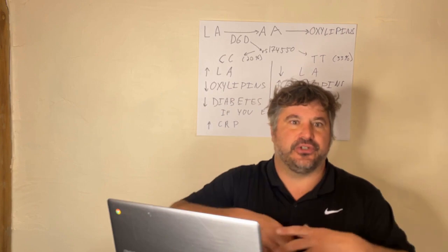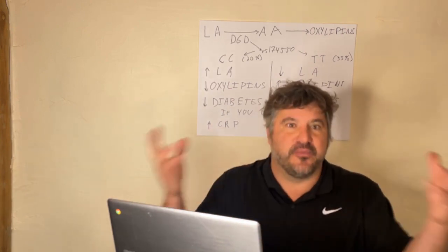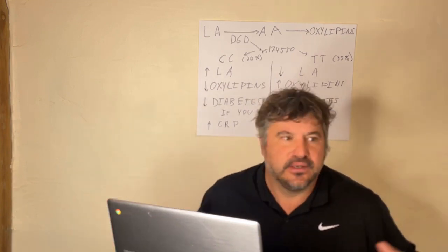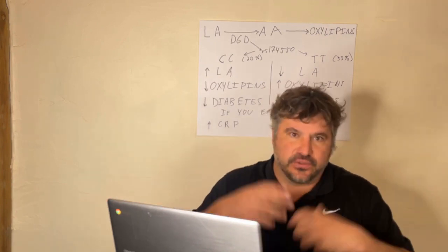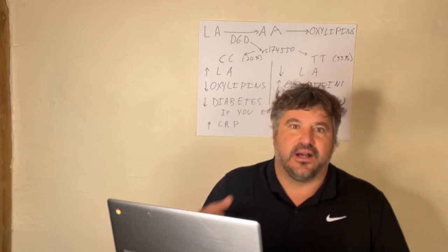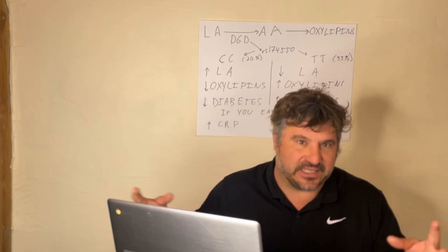And that PLA2 releases a bunch of arachidonic acid from your membranes, and then those arachidonic acids get converted into oxylipins, 12-HETE and 9-HODE and all the others. And it's those oxylipins that set off the chain of events causing the pain and inflammation from the bee sting.